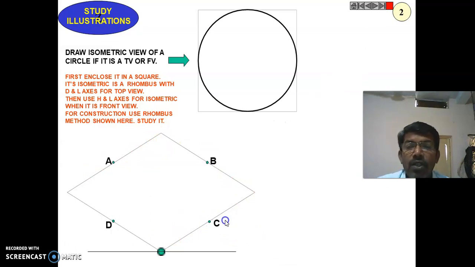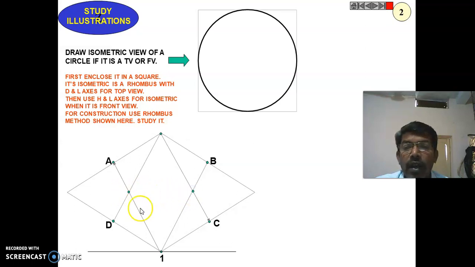After that join from one corner to the opposite corners, and simply draw the line from A to the major point, and from the opposite point to D and C, such that you will get the midpoints here. From these particular points you can draw the 2 points 1 and 2, and from 3 and 4.